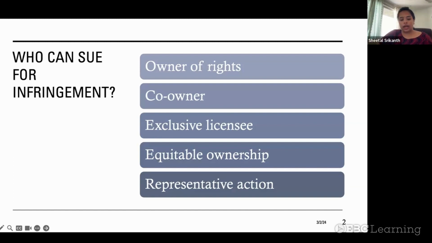So first you look at the kind of infringement that has occurred, right? Let's say it's the creation of another movie based on the same characters, but not a copy of the movie itself. In that case, whose rights are you really infringing?